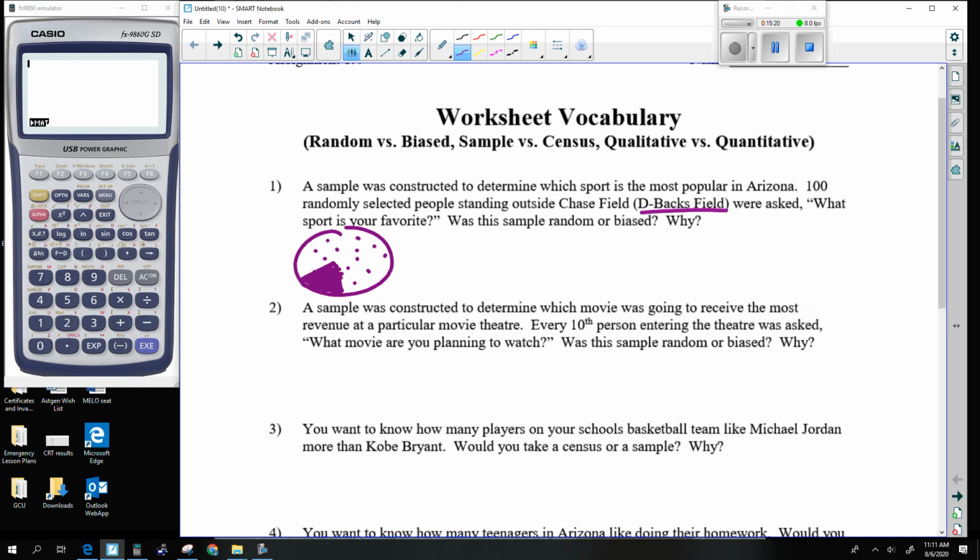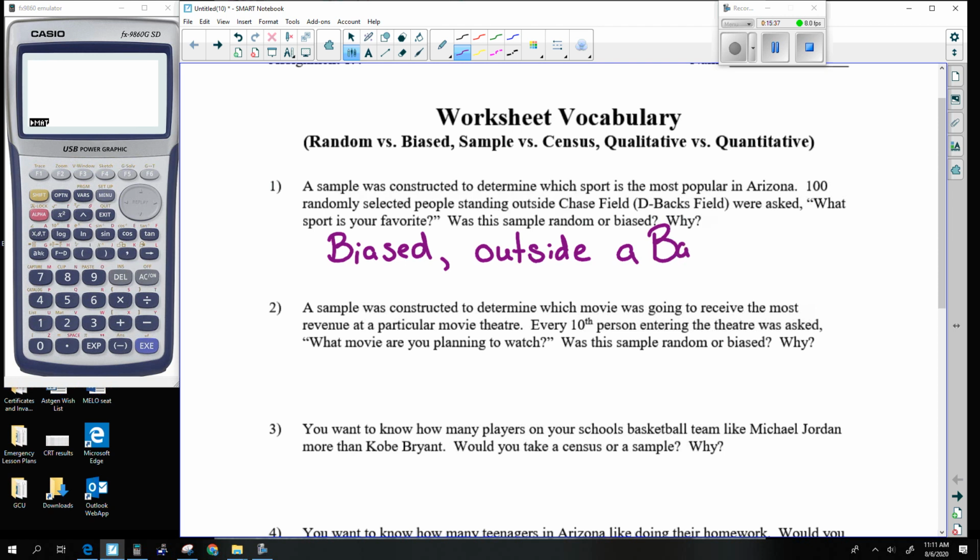You know the answer before you asked it. All right? So is this random or biased? Biased. Why? You're outside a baseball field. That's why.